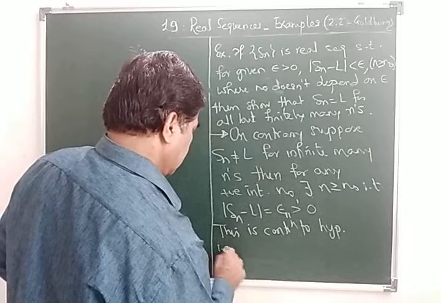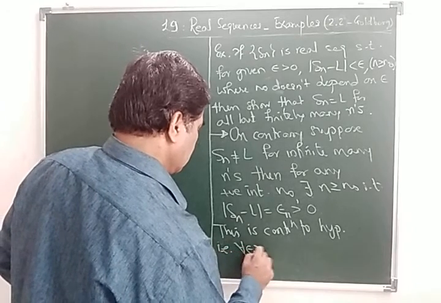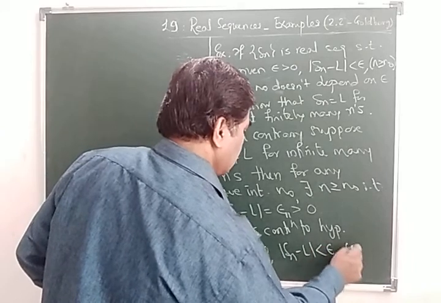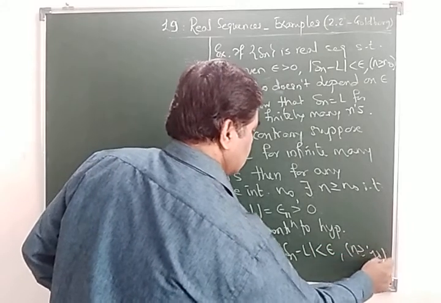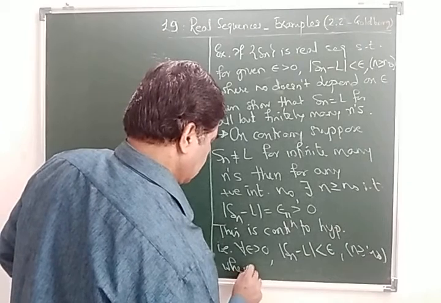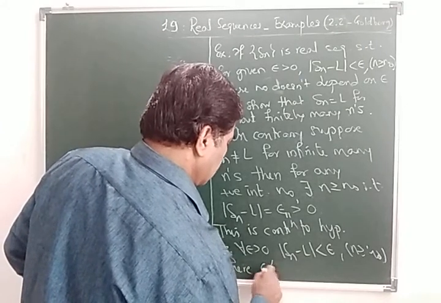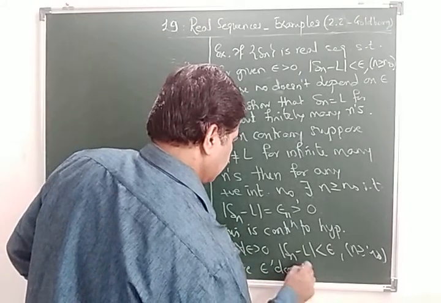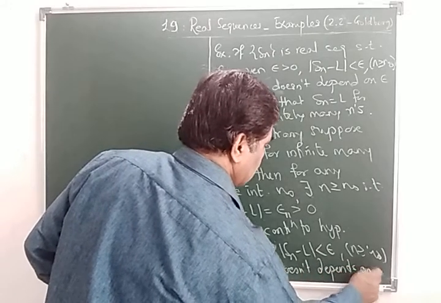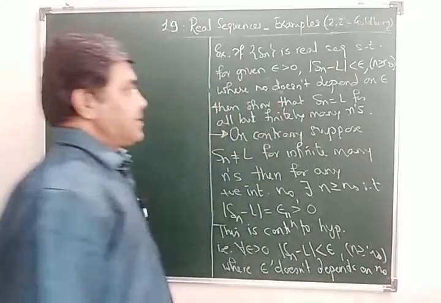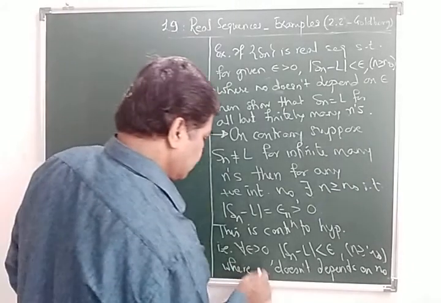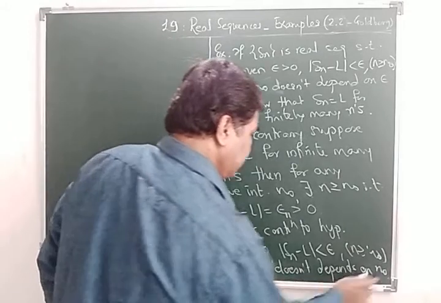That is, for any epsilon greater than 0, mod Sn minus L is strictly less than epsilon for any n greater equal n naught, where n naught doesn't depend on epsilon.